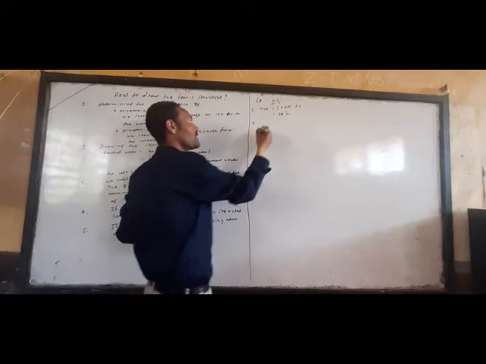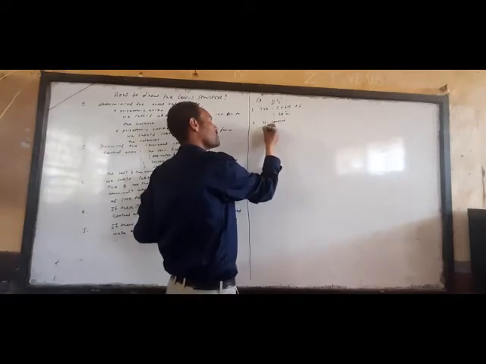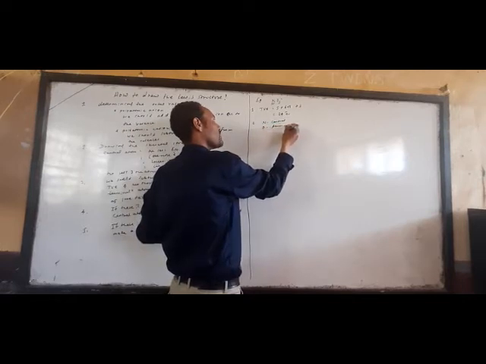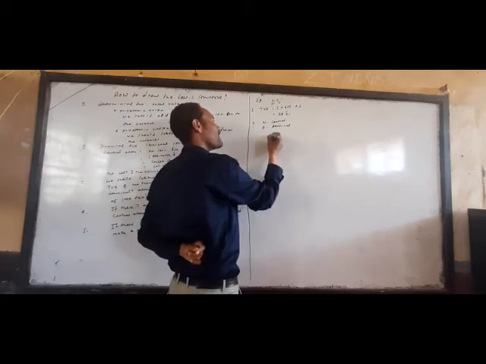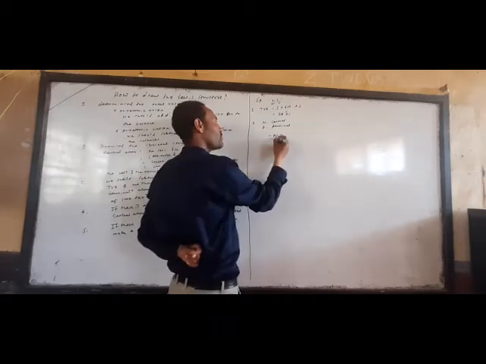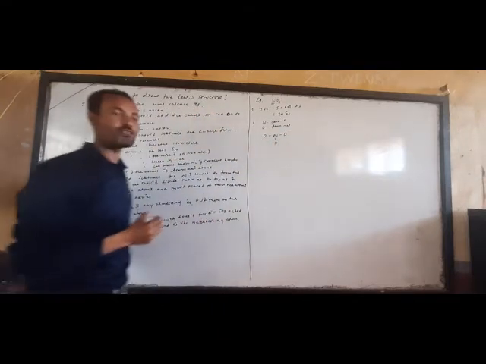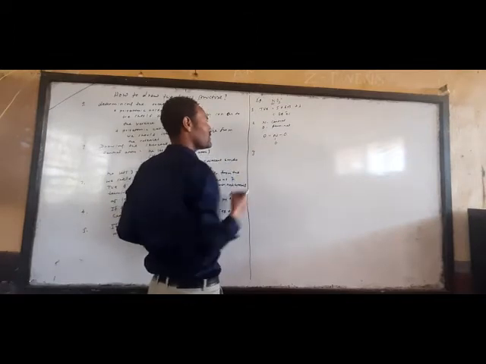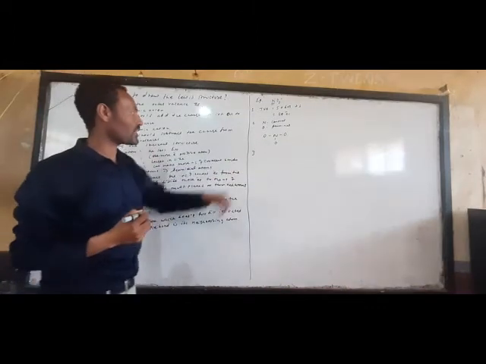Due to that reason, the nitrogen atom is central and oxygen is terminal. So we should draw the skeletal structure by making a single covalent bond with each of the terminal atoms, just like this. So we have used 6 electrons in total to make this skeletal structure.